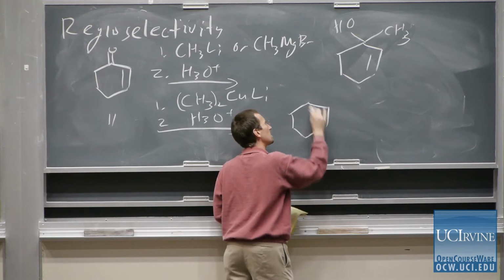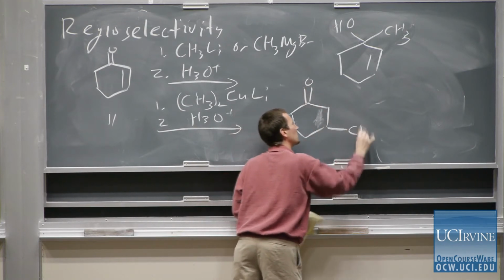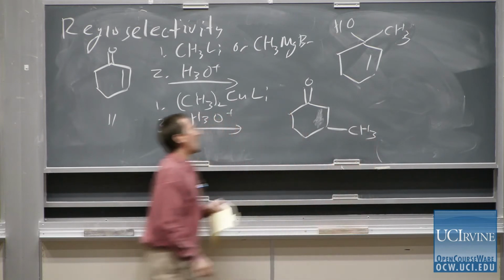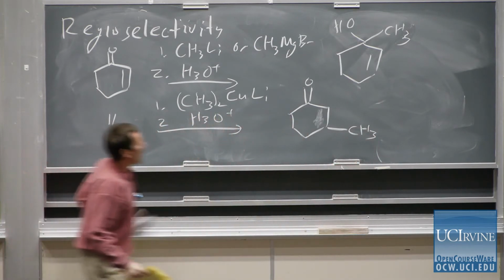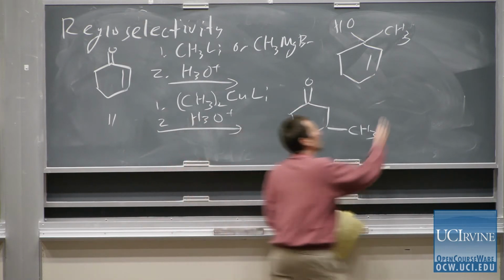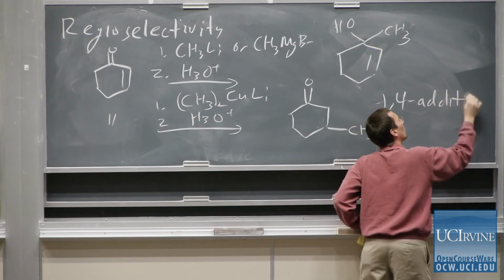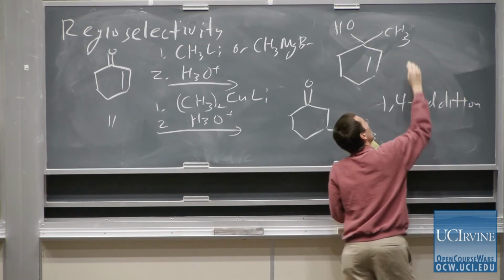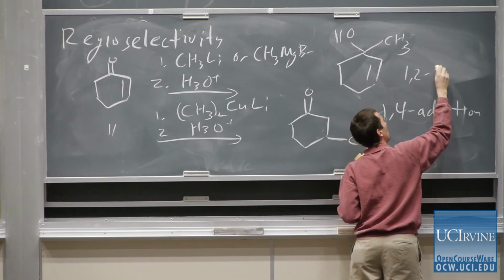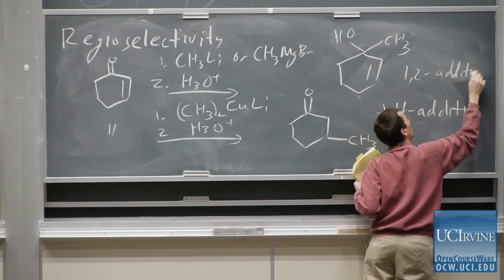The addition is not to the carbon-oxygen bond, but rather to the carbon-carbon bond in what we call a 1,4 addition. And I'm going to contrast that to the previous example, which we call a 1,2 addition.